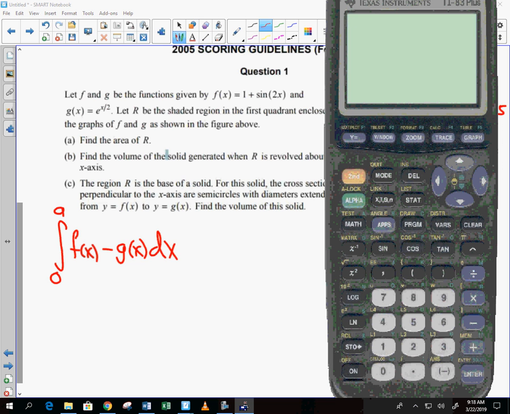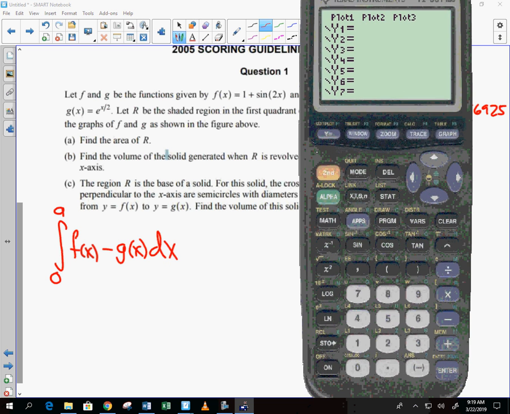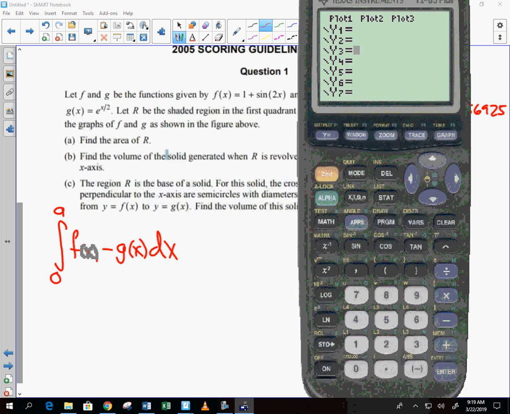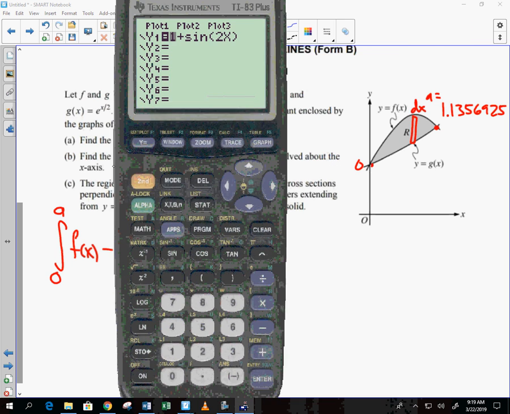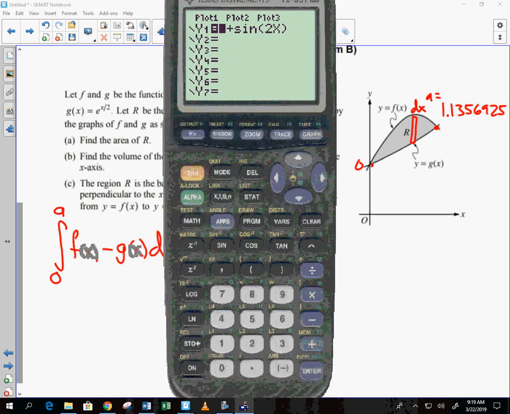So, all right. As I turn it on, I go into my y equals, and I'm going to clear these guys out, and I've got 1 plus sine of 2x. And make sure I'm working in radians. And then I've also got e to the x over 2. Is that what we have? So e to the x divided by 2.